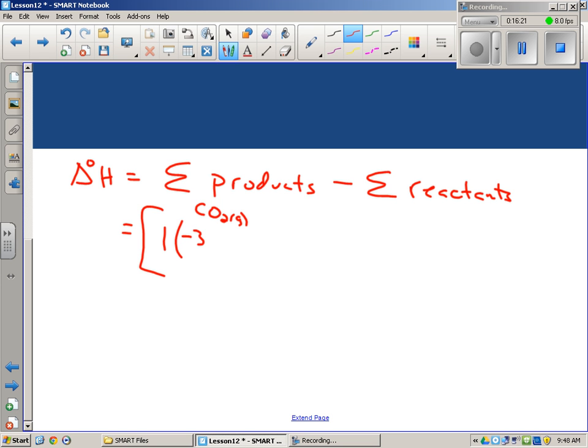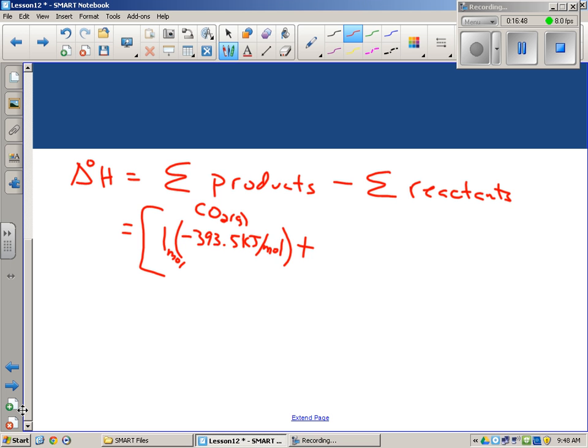So I put that in here, negative 393.5 kilojoules per mole, correct? Because that's what heats of formation are in. It tells you at the top, kilojoules per mole. I've got 1 mole, right? So 1 times, and you can even put that in here. That's 1 mole from the balanced chemical equation at the top. 1 mole of carbon dioxide.